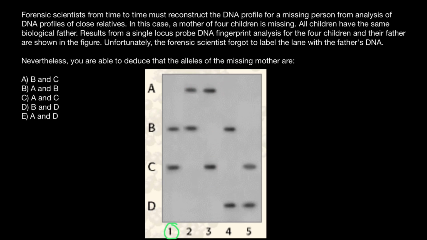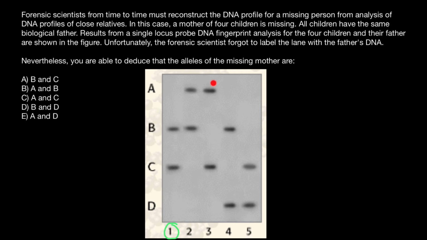Yes, because they share the same size allele. And can person number 2 be the biological father of person number 4? Yes, they share the same allele. And now let's compare with person 5, and we can say that person number 2 cannot be a father of person 5 because they don't share alleles.